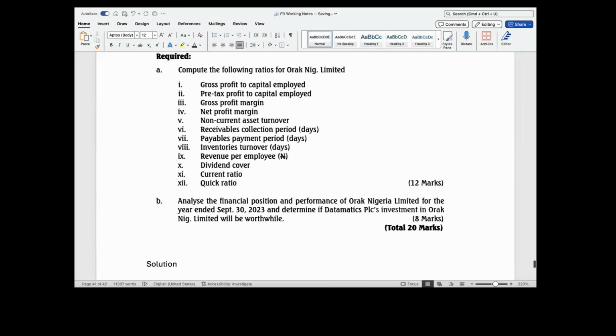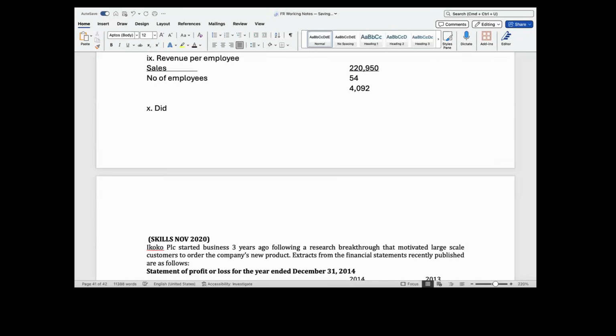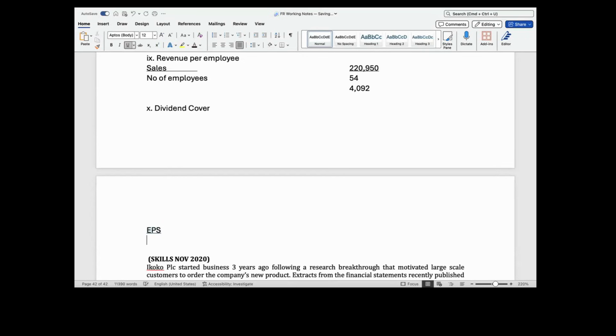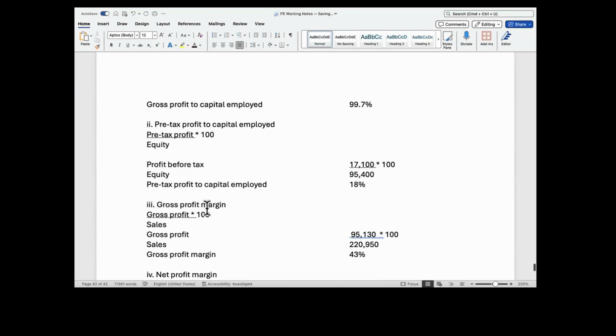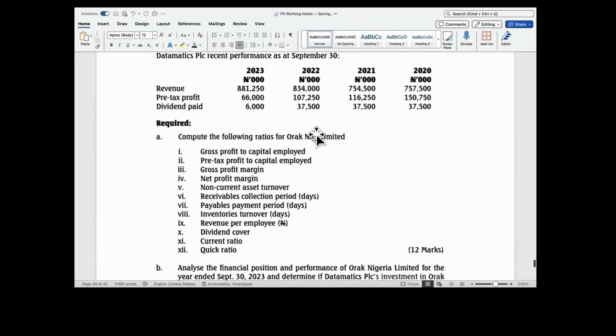So number 10, dividend cover. Do you remember the formula for dividend cover? EPS divided by dividend per share. Correct. They didn't give us EPS, but they gave me the profits for the year, which is 11,970, over dividend paid, 5,850.